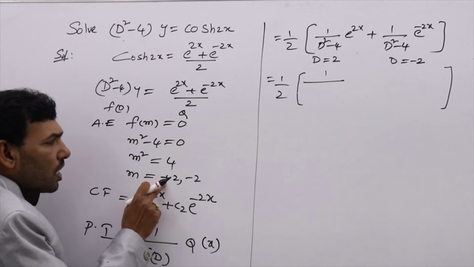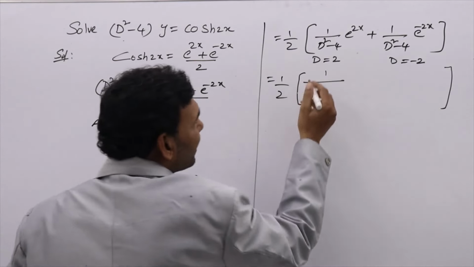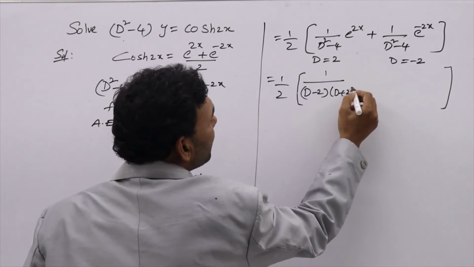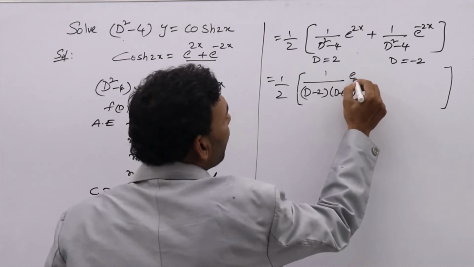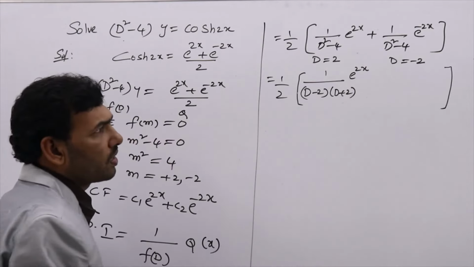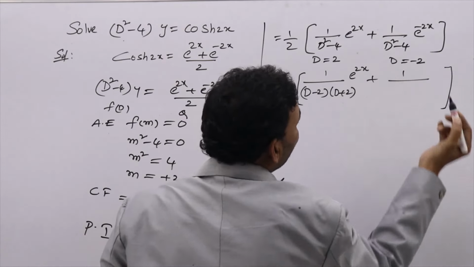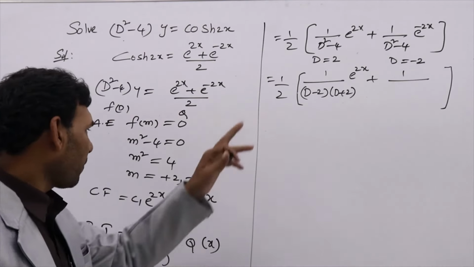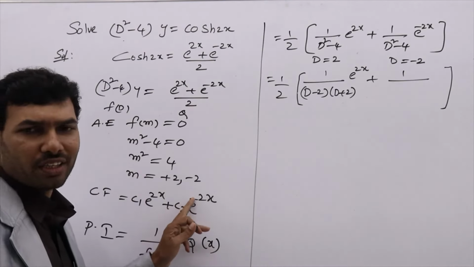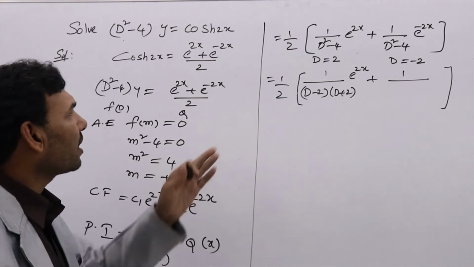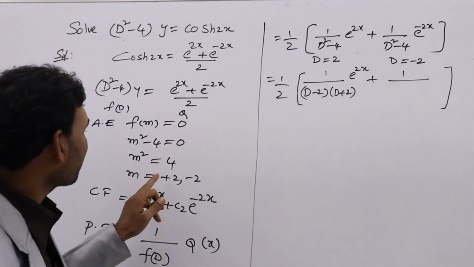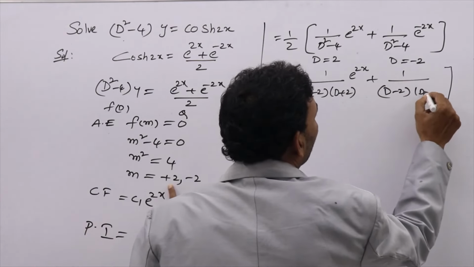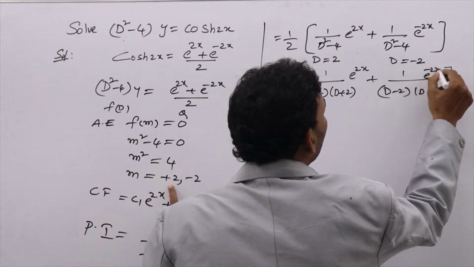If the m values are 2 and minus 2, then the factors in terms of D are (D minus 2) into (D plus 2) e power 2x. Here also you need to write minus 2 in the place of D, but do you have that minus 2 here or not? Check. Yes, we have. Then don't substitute. Write them as factors: (D minus 2) into (D plus 2) e power minus 2x.